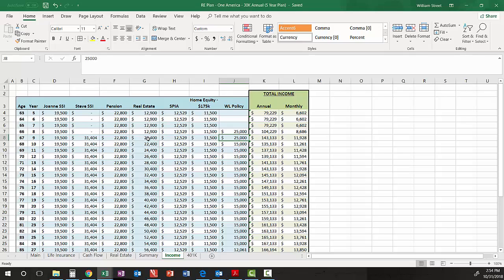The other scenario that you can do, and this made the internal mechanics of the spreadsheet a little cumbersome, and so I didn't build it in yet, but I'll probably build in another version of this. But the other thing that you can do is when you get to this point here, and now Steve's Social Security income is kicking in, you could stop taking your real estate income for a few years.